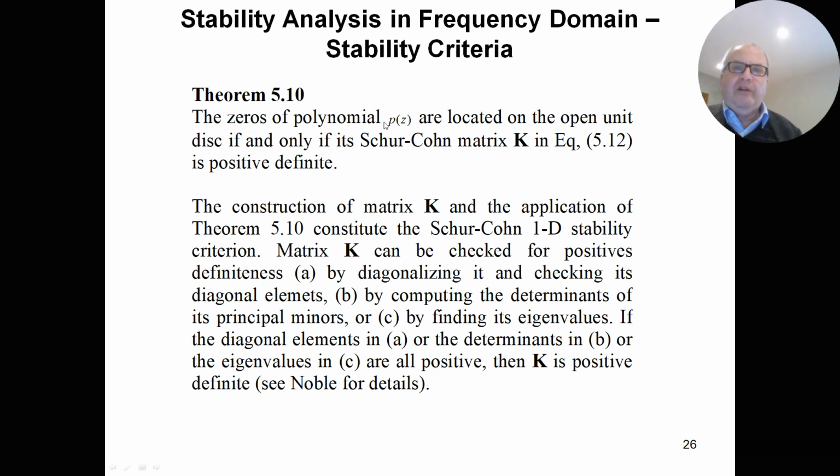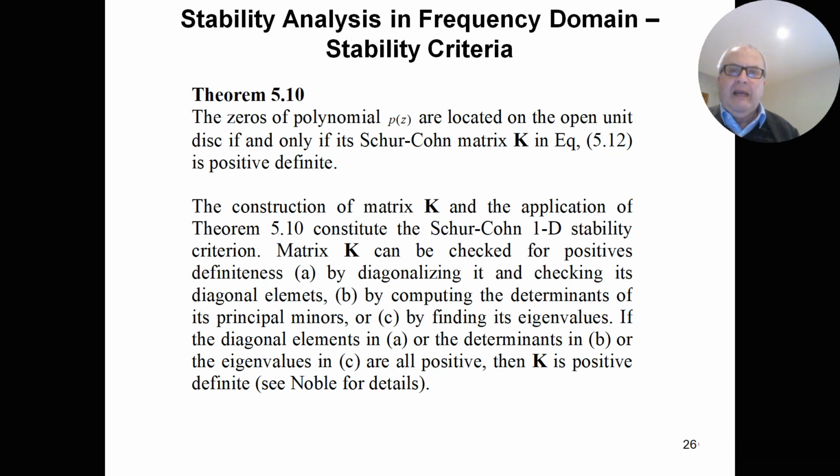The zeros of polynomial P(z) are located in the open unit disk if and only if the Schur-Cohn matrix K in equation 5.12 is positive definite, where the construction of matrix K and the application of theorem 5.10 constitute the Schur-Cohn 1D stability criterion.